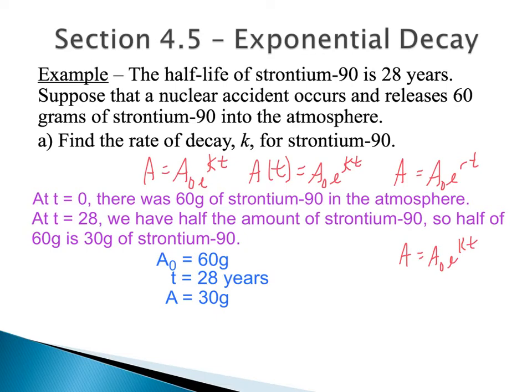We're going to end up with A was 30, A sub 0 is 60, and then e to the k, that's what we're trying to find, times t, which is 28. We can rewrite this as 30 equals 60 e to the k times 28, or 28k. This way we have an exponential equation that we can solve for k.